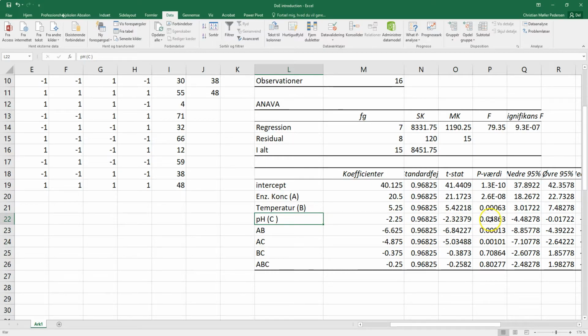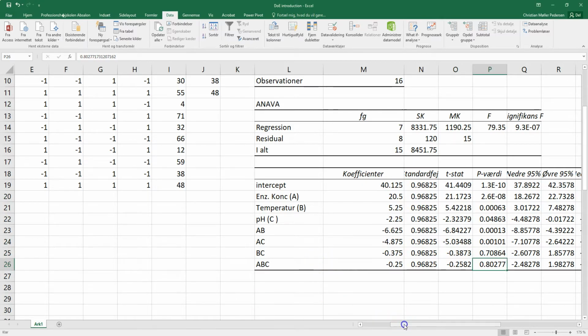It's just below that, so it's significant. And it's negative, which means that increasing the pH by 1 would lower the yield by 2.25. We also have some significant interactions here, AB, AC, but BC and ABC are not significant, as you can see here. So you wouldn't include those in the model.